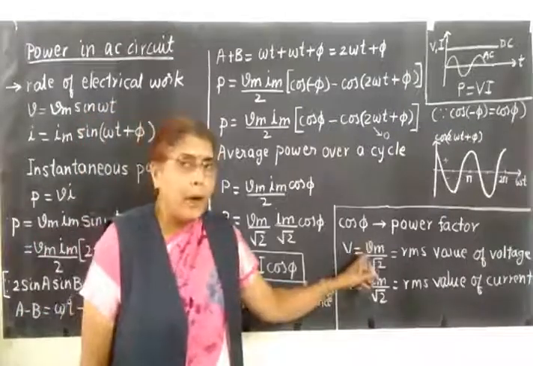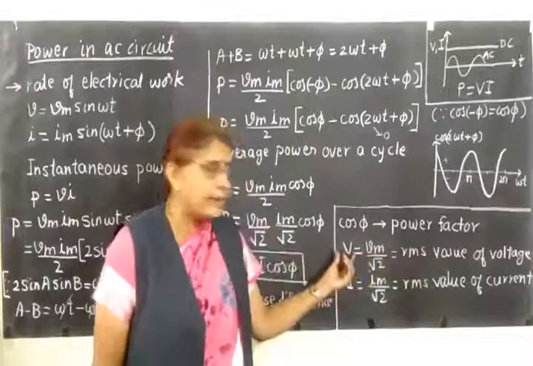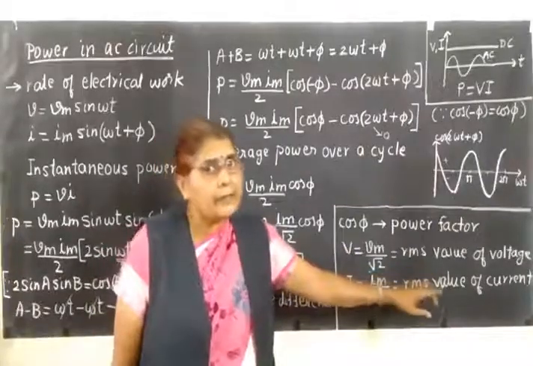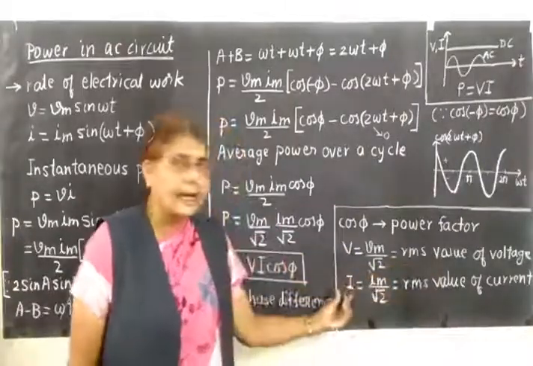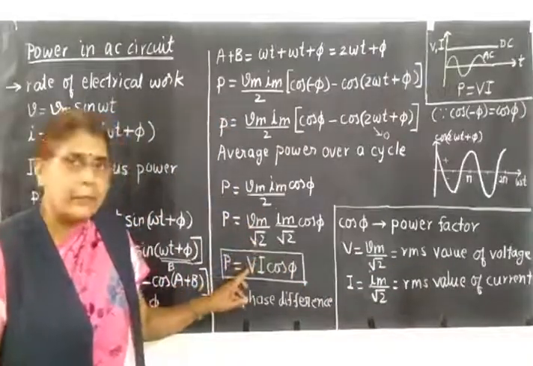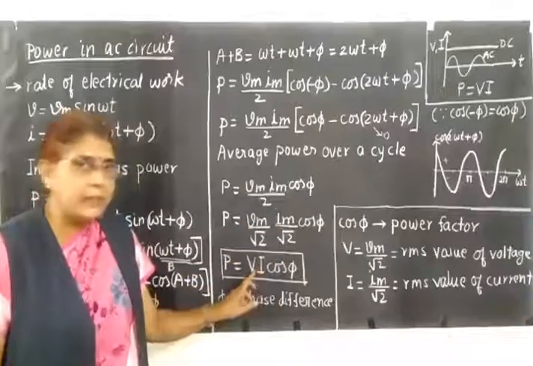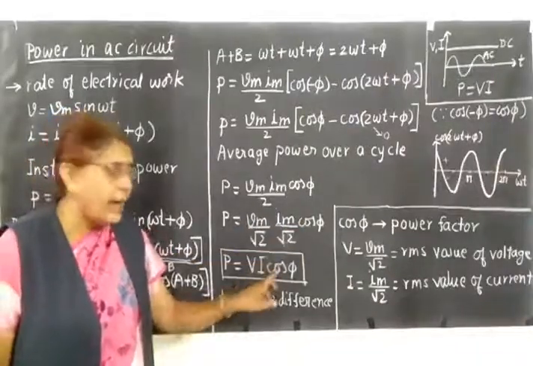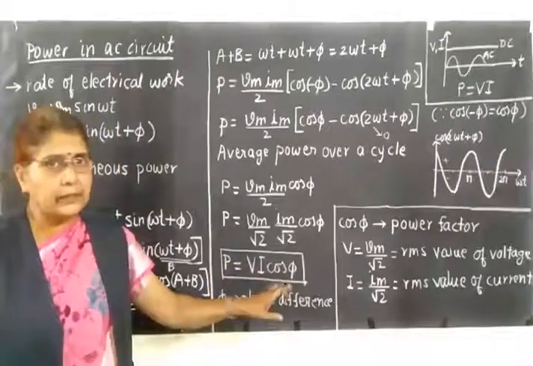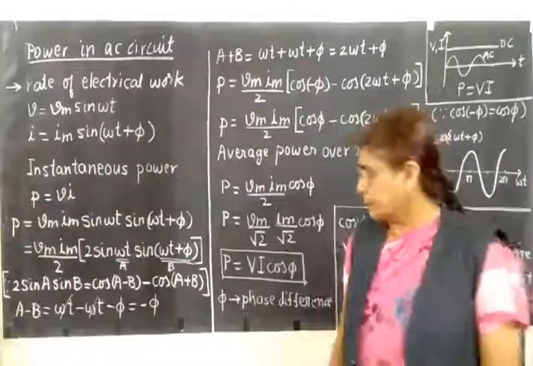Therefore Vm upon root 2 gives you the RMS value of voltage, which we write as capital V. And Im upon root 2 gives you the RMS value of current, which we write as capital I. So P is equal to VI cos phi, the average power in an AC circuit.